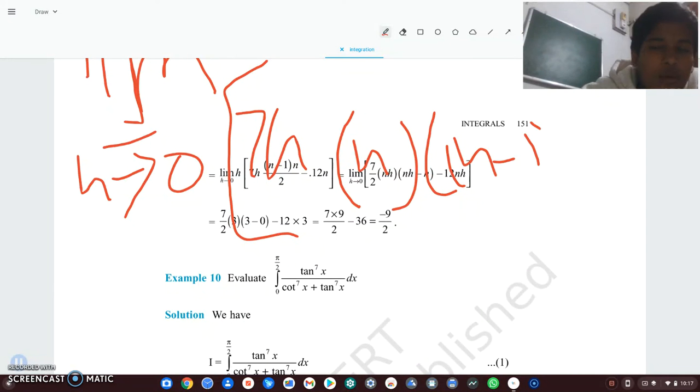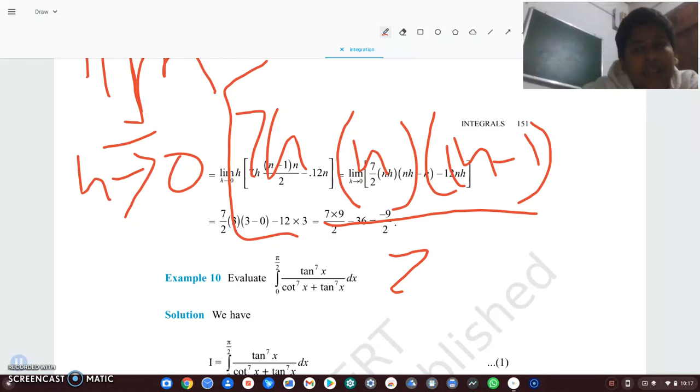Now can you think that the formula was n into n plus 1 upon 2, and I wrote n into n minus 1 upon 2? In that formula it was n terms, but here I am calculating for only n minus 1 terms, because in the first term it was 0h. Because of that we got n into n minus 1 upon 2.